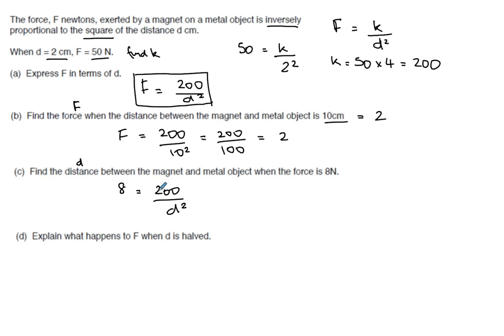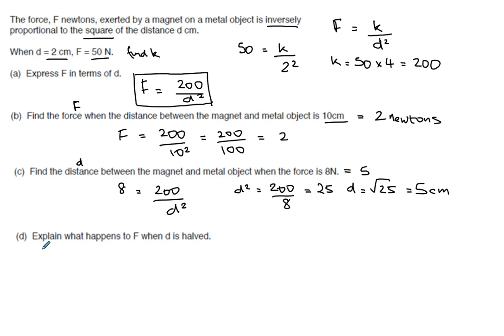Using the Faz format of 3 equals 6 divided by 2, d squared would be 200 divided by 8, which is 25, and then d is the square root of 25, which is 5. Let's put our newtons, and that will be centimeters.